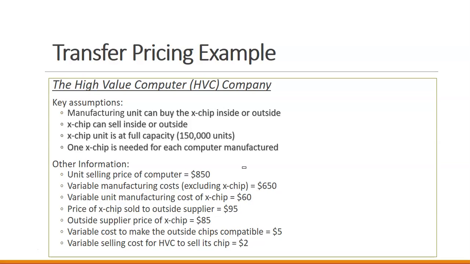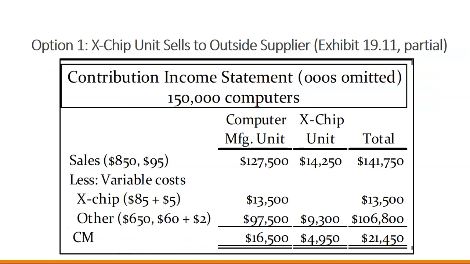So is it better for us to transfer this chip internally or to sell it externally? And is it better for the other division to buy it from another supplier or to use the one that is potentially available internally? So if we look at this example, this is if we sell to an outside supplier.